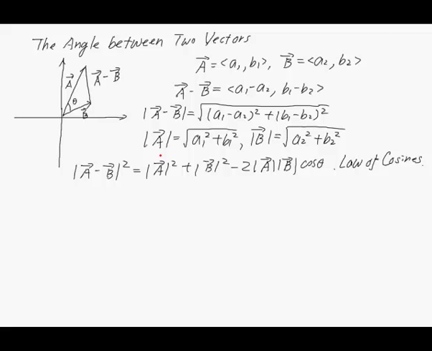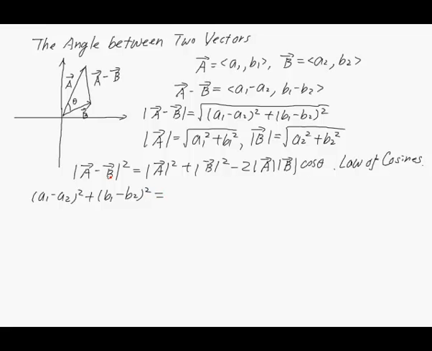Now, let's plug in all the things into this equation. So you have (a1 minus a2) square plus (b1 minus b2) square.